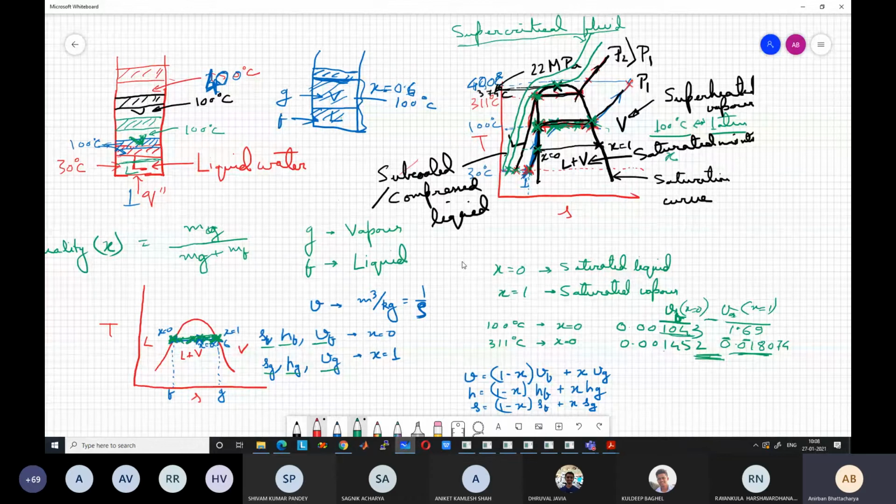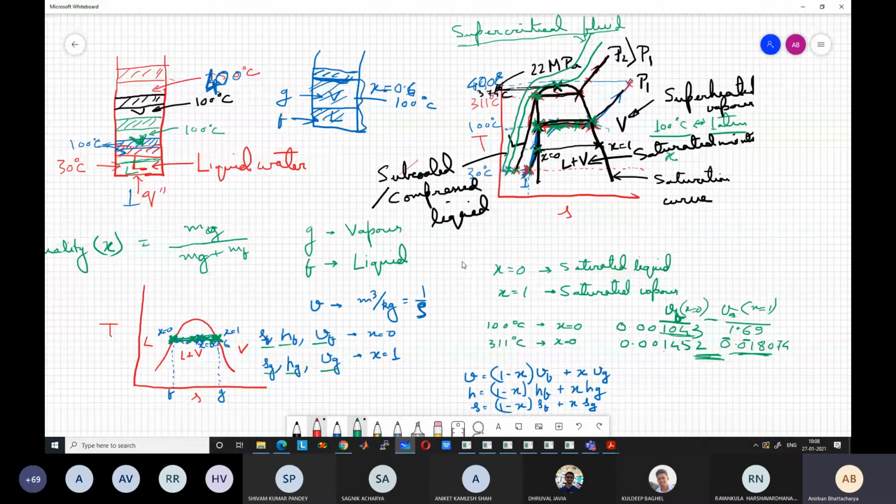However, we are mostly concerned with water because steam is the working fluid for our power plant engineering cycles, for thermal power plants, coal-based and fossil fuel-based thermal power plants, as well as nuclear plants. So steam is the working fluid, and we are discussing the properties of steam as a result.